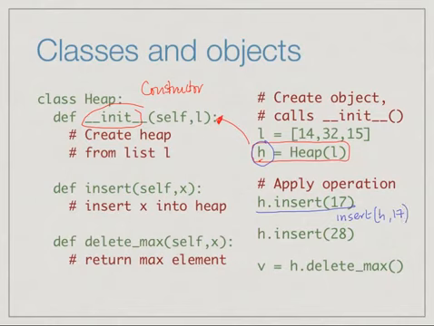We would normally pass it the heap and the value. Here instead we say, given the heap h, apply to the heap h the function insert with the argument 17. The next line says apply to the heap h the function insert with the value 28. And then, for instance, we can now ask h to return the maximum value by saying h dot delete max and store the return value in the name v.